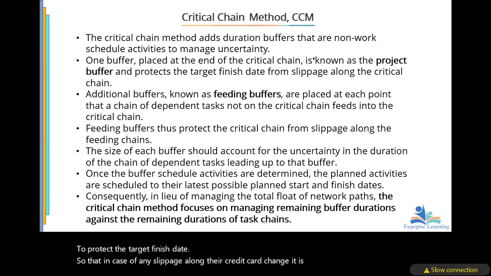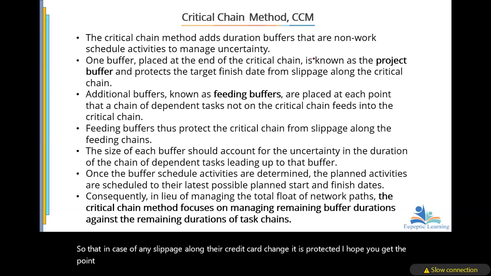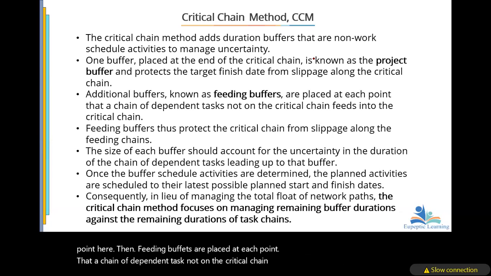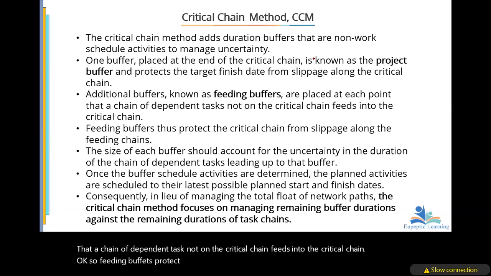But feeding buffers are placed at each point that a chain of dependent tasks not on the critical chain feeds into the critical chain. So feeding buffers protect the critical chain from slippage along the feeding chains.